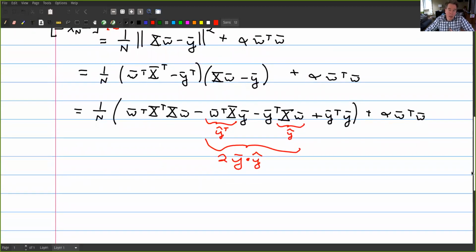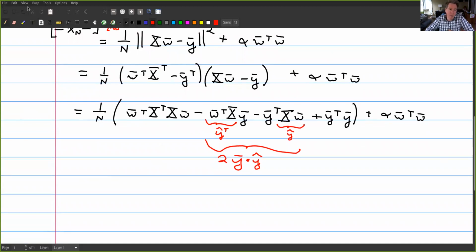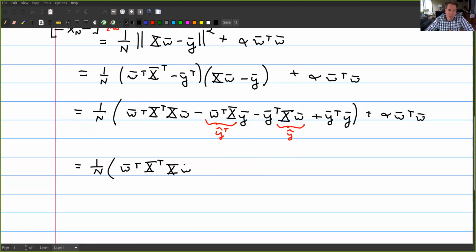So I'm going to combine them in that way, not exactly in that notation. So this middle part will be w transpose X transpose X w minus 2 times, how should we write this? I think like this, okay.